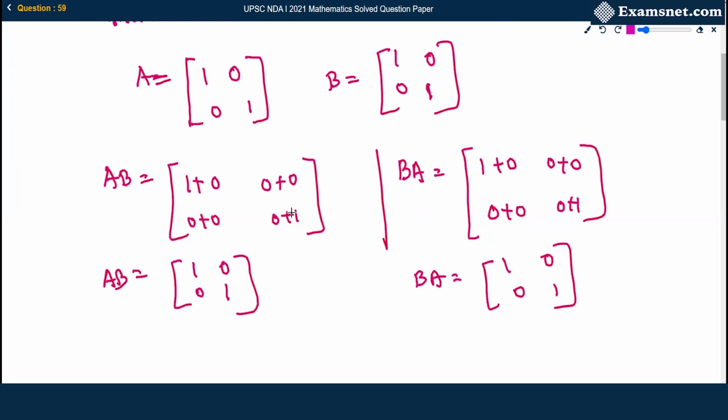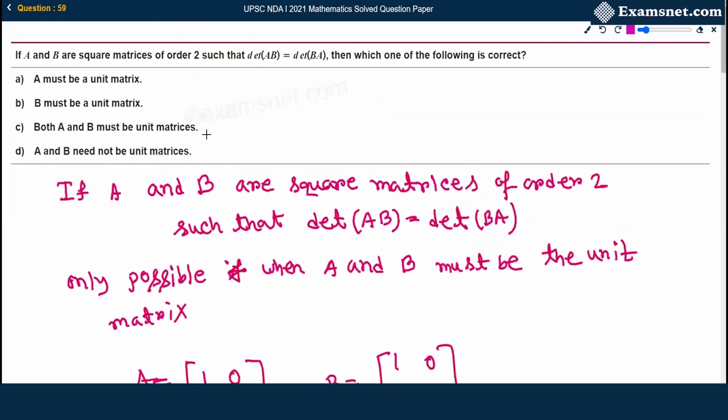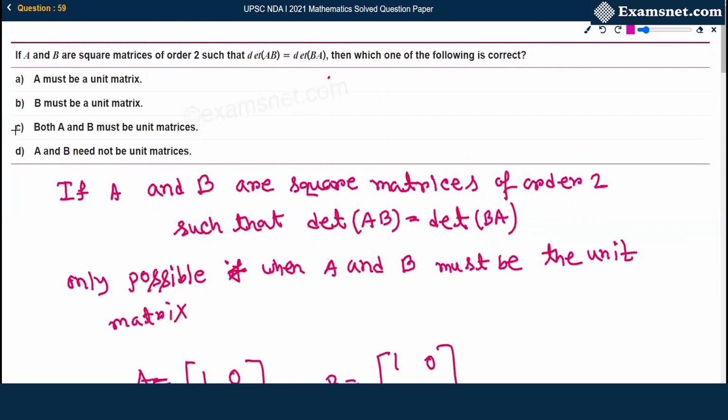So it's only possible because these two are unit matrices of order 2. If they are not unit matrices, then it's not possible that the determinant of AB equals the determinant of BA. So here option C, both A and B must be unit matrices. Option C is the correct one.